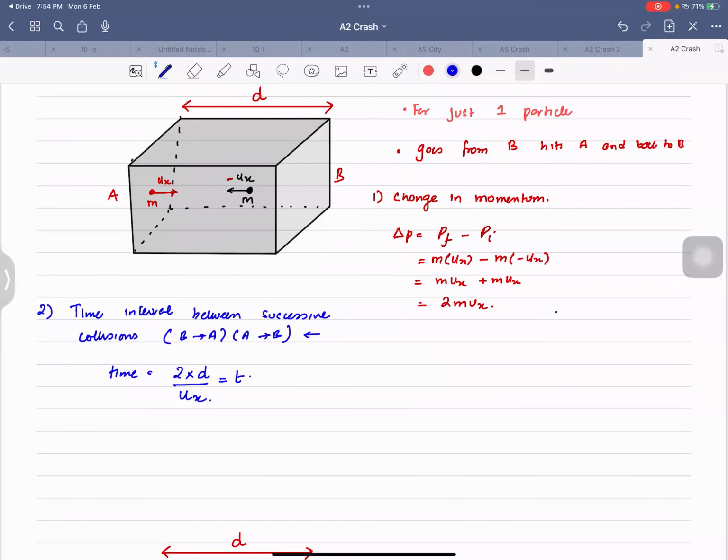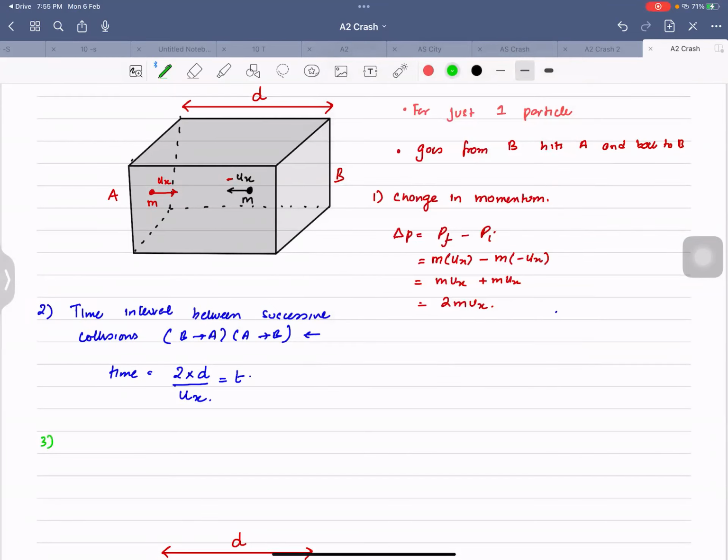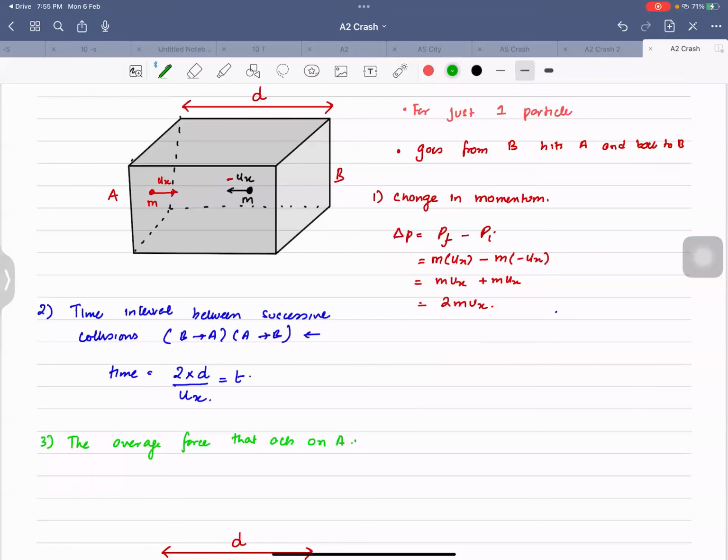Then this causes a force, because we have learned previously that force is change in momentum over time. We would say the average force that acts on A is, let me make the color darker, change in momentum over time.